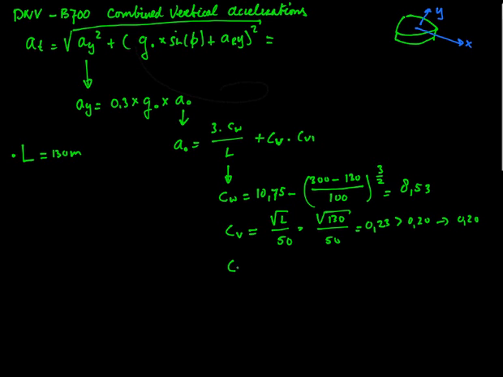Second coefficient, CV1, equals the speed of the vessel divided by the square root of the length. Say we have a speed of 15 knots. That would make 15 divided by the square root of 130, which is 1.32, which happens to be greater than 0.8. That's fine, so we have 1.32.